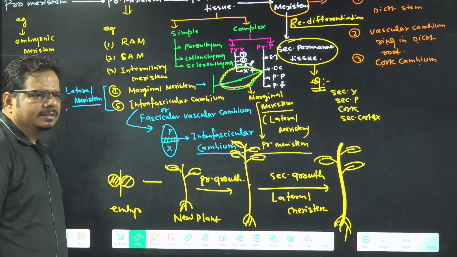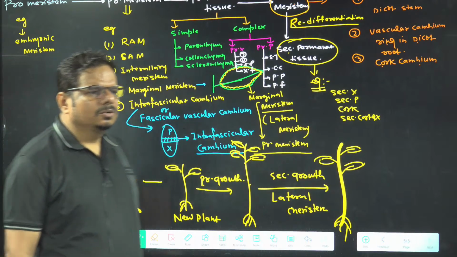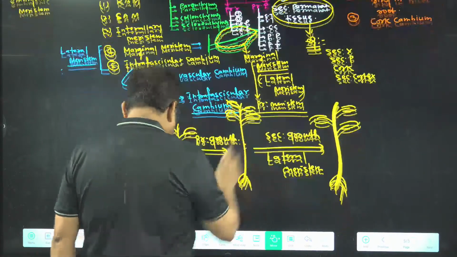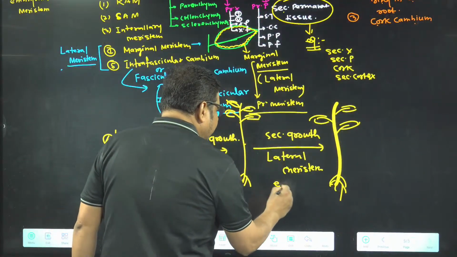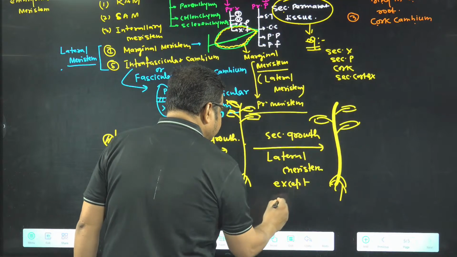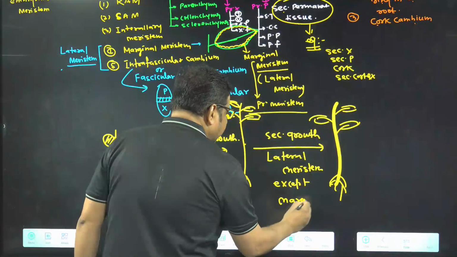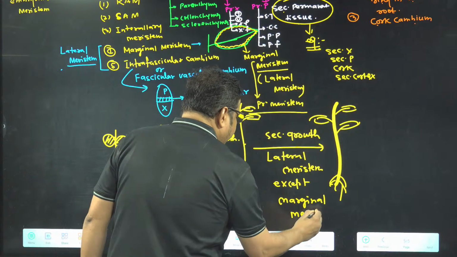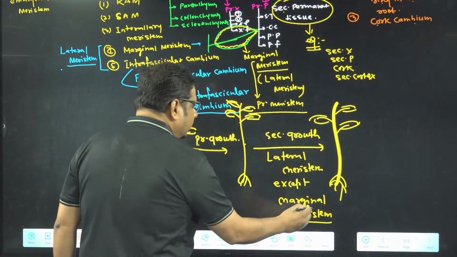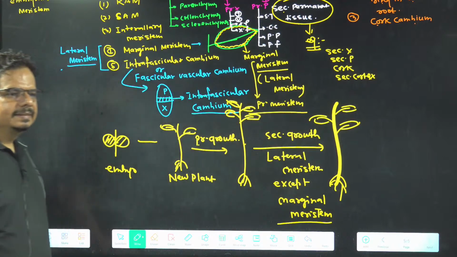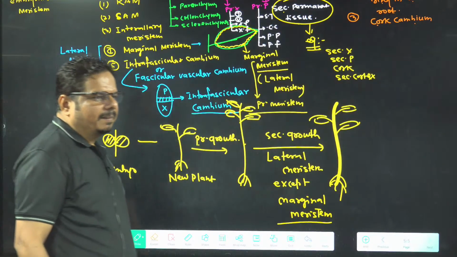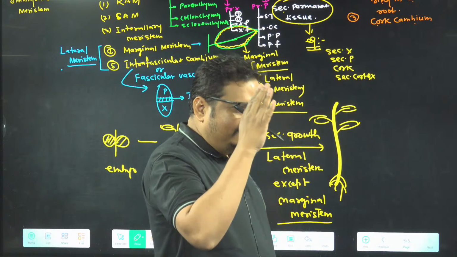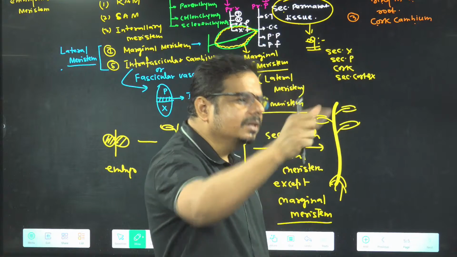Getting it? Is it clear? So lateral meristem, except whom? Marginal meristem. Lateral meristem except marginal meristem. Marginal meristem is a lateral meristem, but it does not cause secondary growth. Intrafascicular cambium is a primary, lateral meristem, and it causes secondary growth.